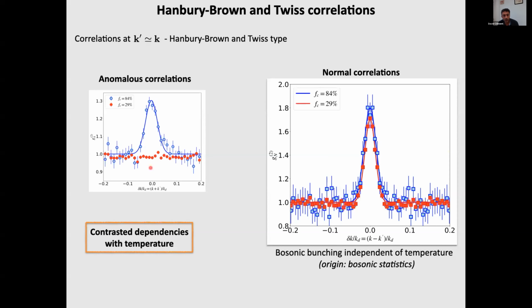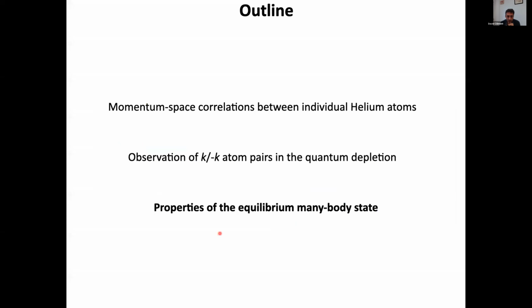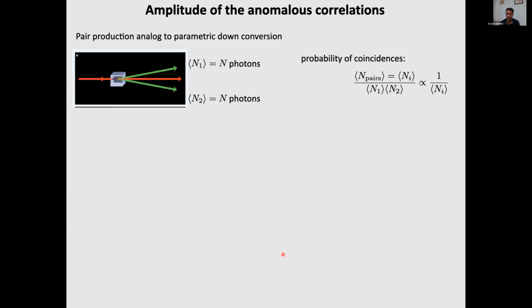So to finish, I would like to discuss a little bit the properties of the equilibrium state that we can infer from these measurements. And I would like to start from parametric down conversion. Imagine that we have the perfect situation where we produce pairs of photons in two modes.